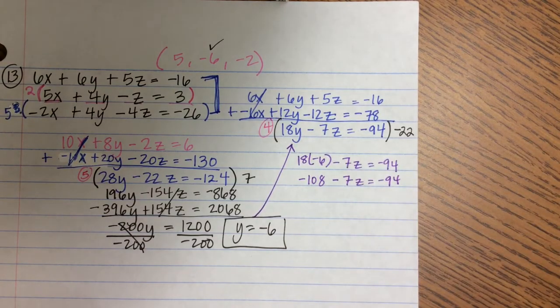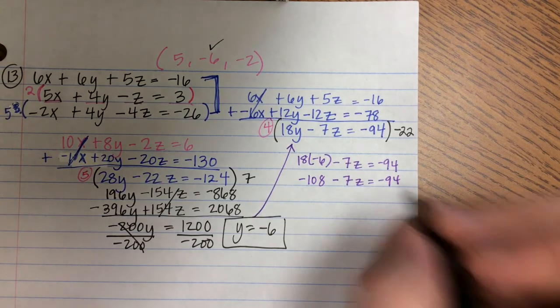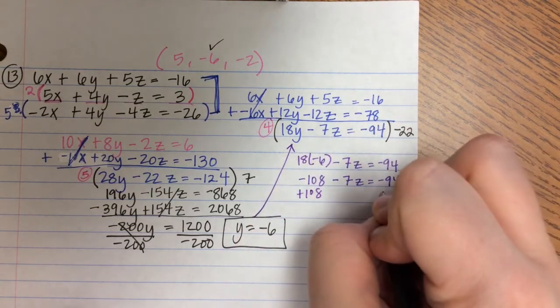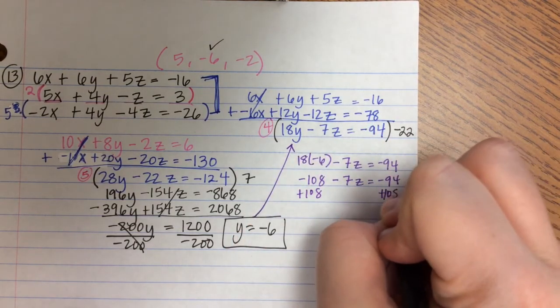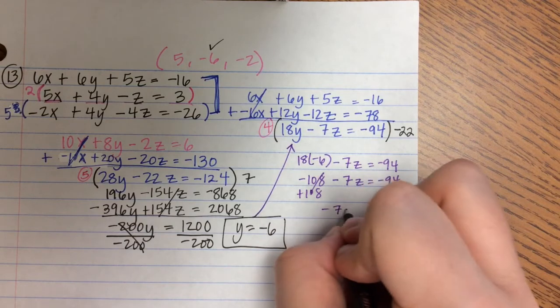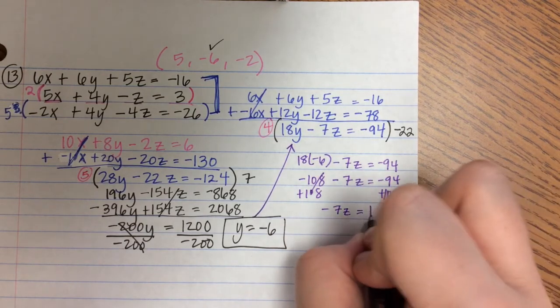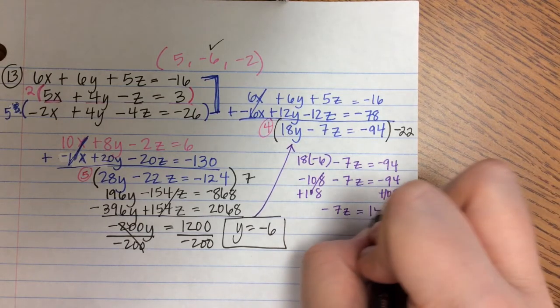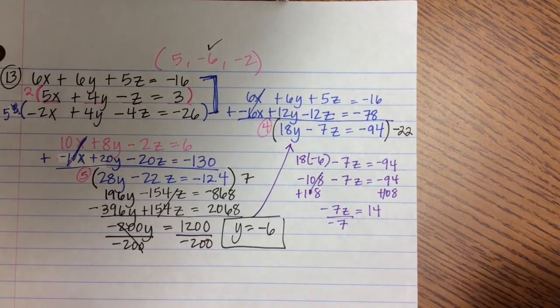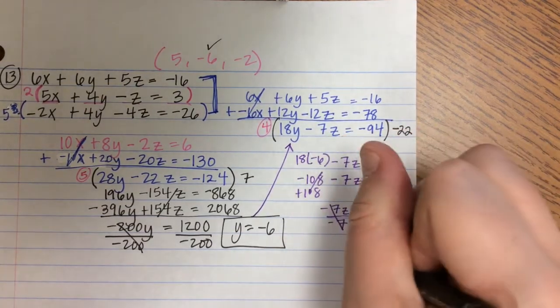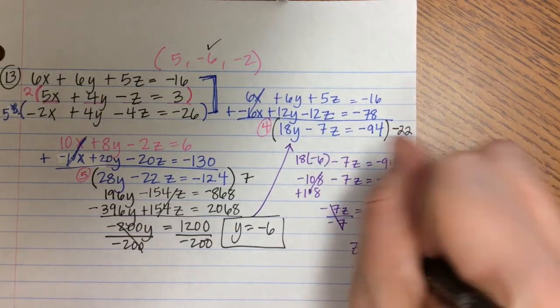Then we add the 108 to both sides. So negative 7z equals positive 14. Divide by negative 7, and we find out that z equals negative 2.